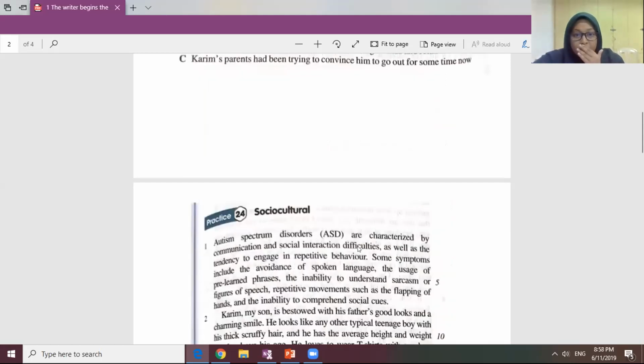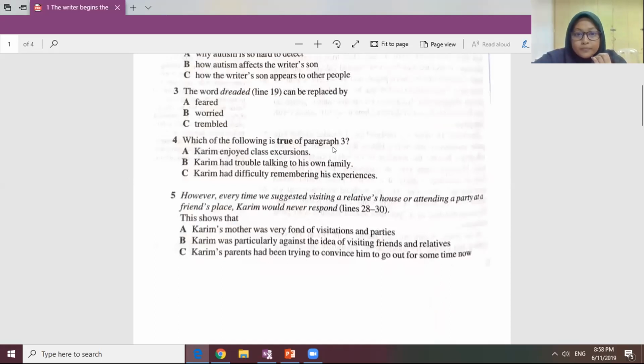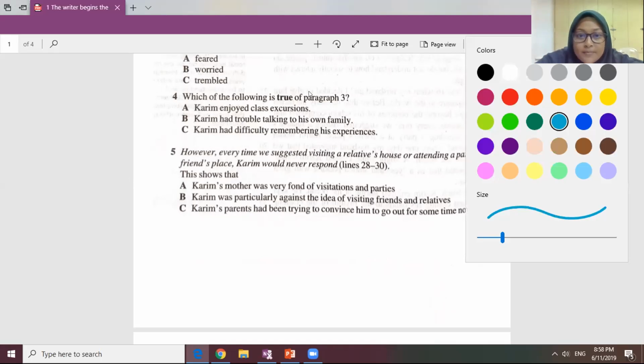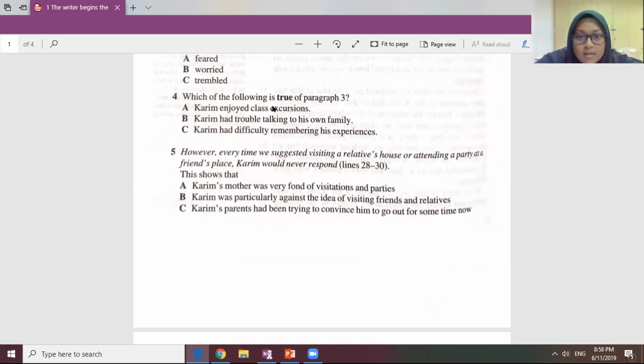So go back to the question. Basically this question is trying to find the true statement. You have to highlight the keywords in the question, the true statement.